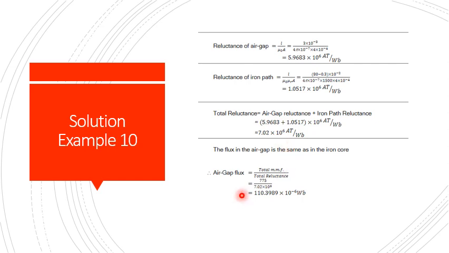So for the flux, we know the equation is like Ohm's law: flux equals MMF divided by total reluctance. The total MMF is 775 and the total reluctance is 7.02 times 10 power of 6 ampere turns per Weber. So from here we can get the flux at the air gap value.